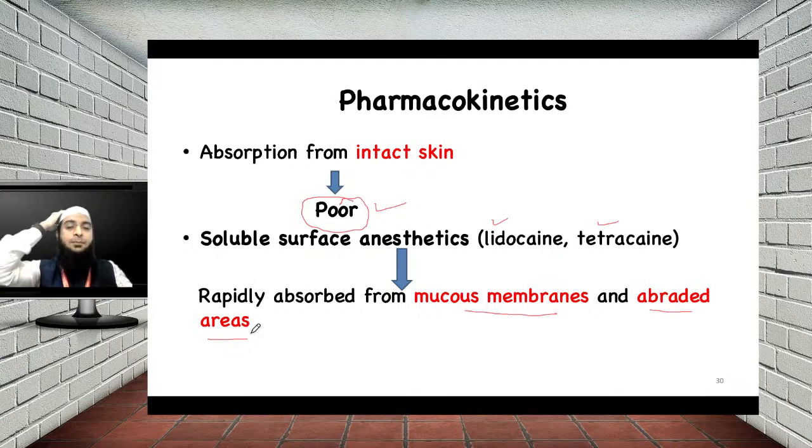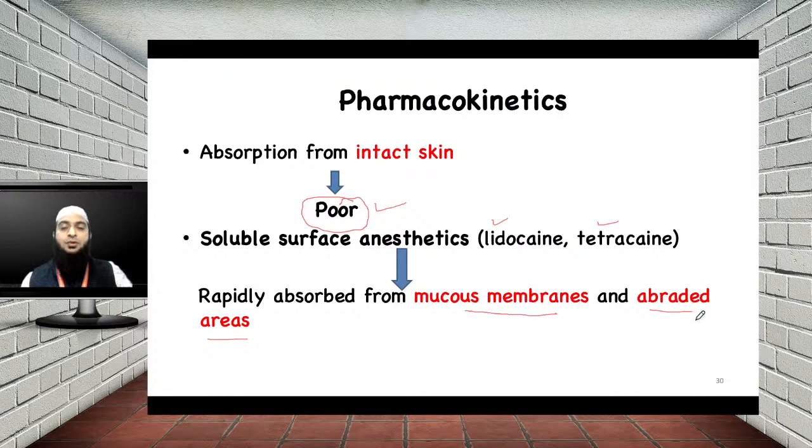Suppose on the scalp you want to give stitches, then you shave, you remove the hair, and when you apply the razor or the blade in that area, the superficial layer of the skin is removed, and that area is called the abraded area, right?